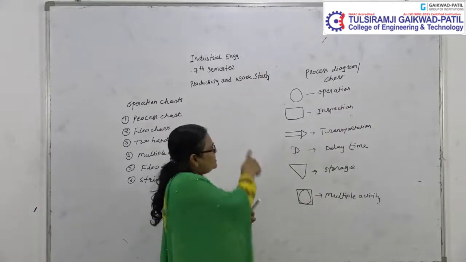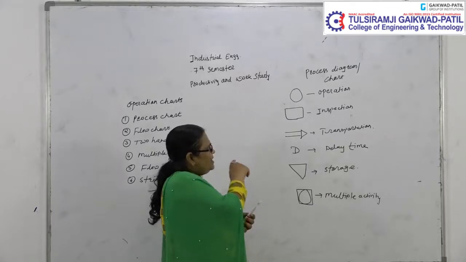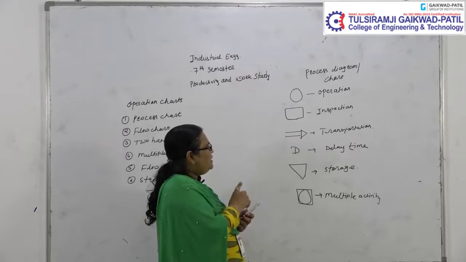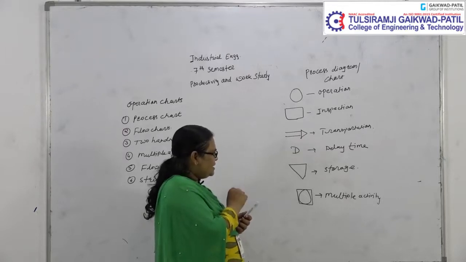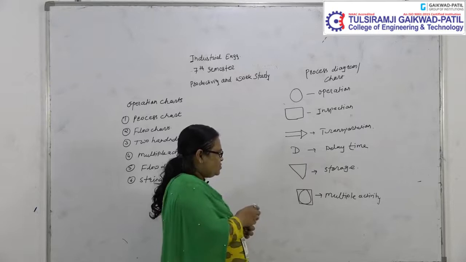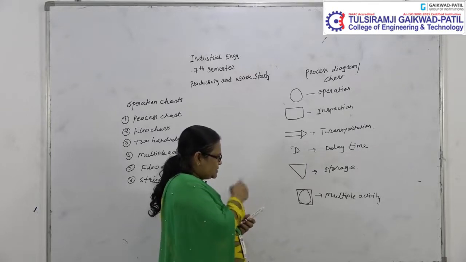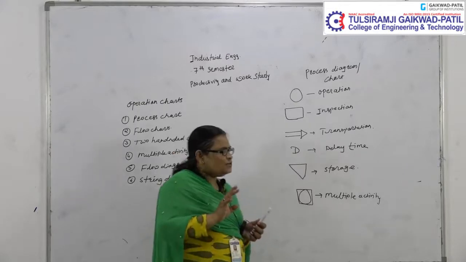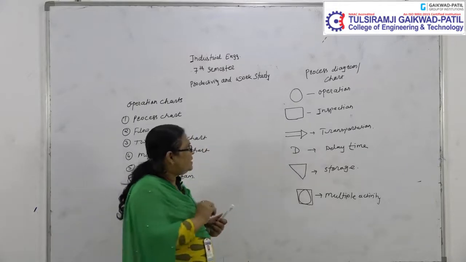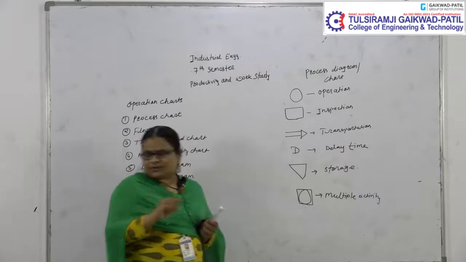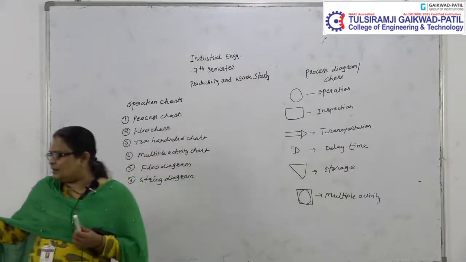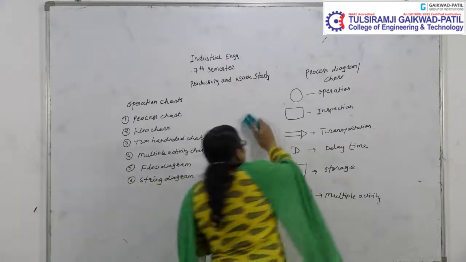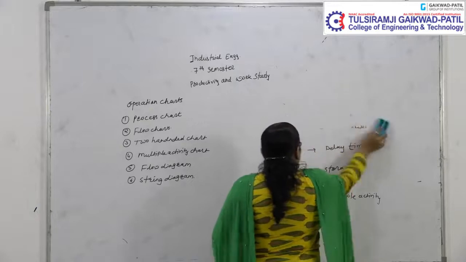The circle indicates the operation, the rectangle indicates the inspection, the arrow indicates the transportation, D indicates the delay time, triangle indicates the storage, and triangle inscribed with circle indicates the multiple activities. Now we concentrate on one chart at a time from these operation charts.